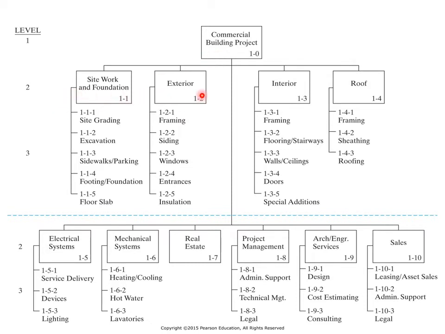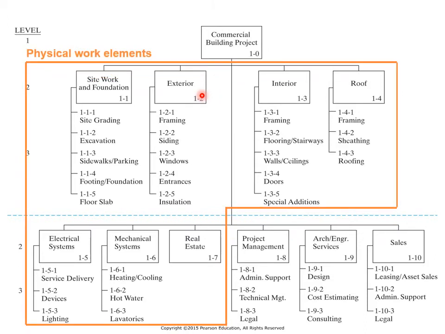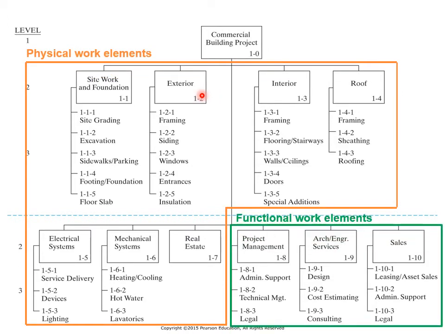At level 2, the project is divided into 7 major physical work elements and 3 major functional work elements. Examples of physical work elements include site work and foundations, exterior, interior, roof, electrical system, mechanical system, and real estate.